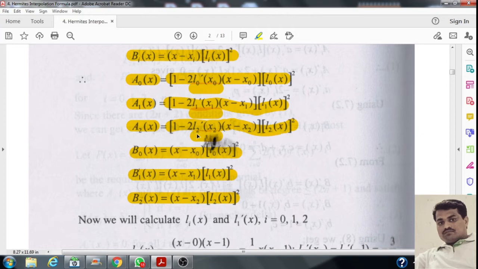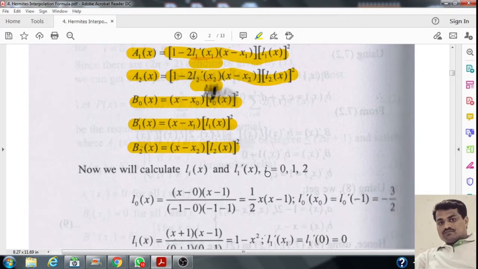Hence for this calculation, first find the values of Lix and Li dash of xi, taking i equal to 0, 1, 2, means find L0, L1, L2, then L0 dash, L1 dash, L2 dash.